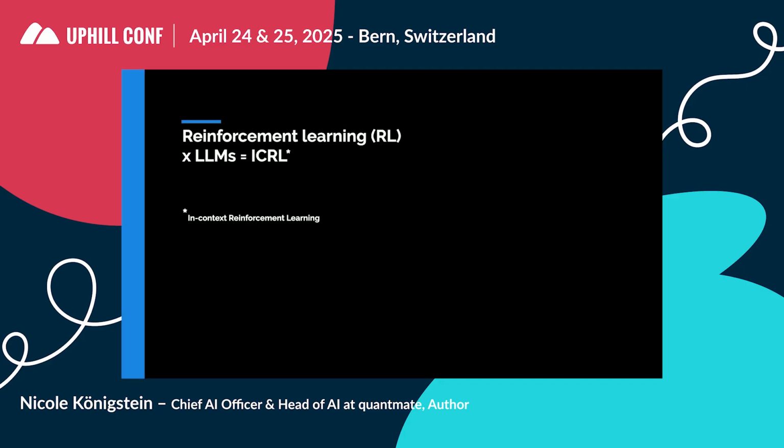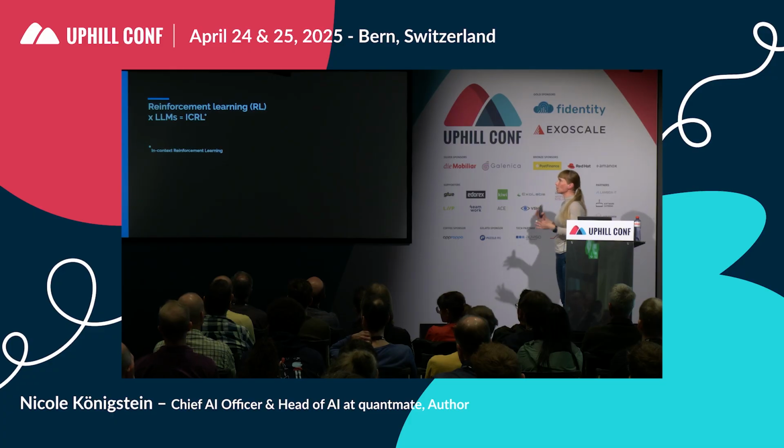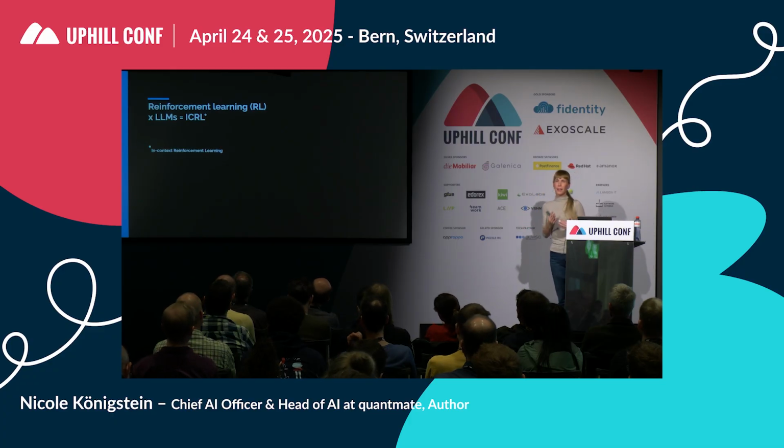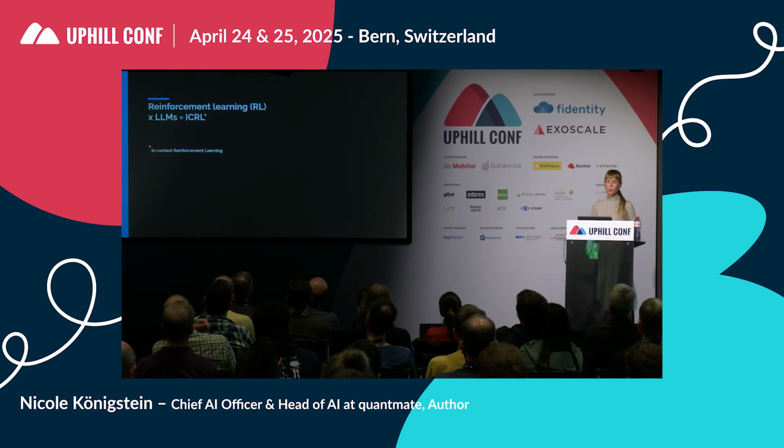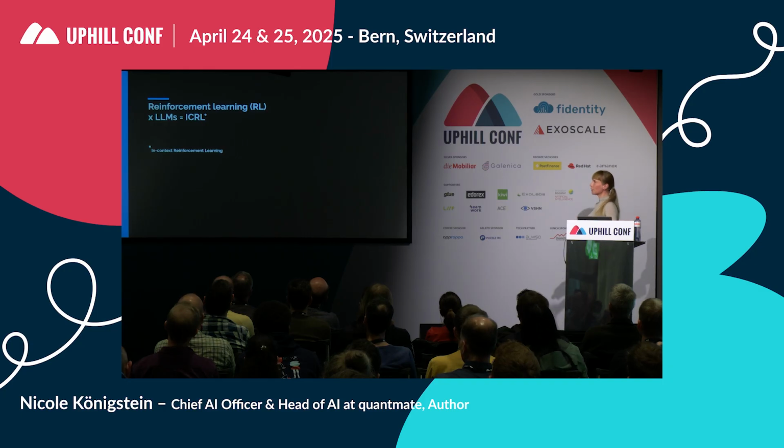Another thing that is really interesting right now, and I feel there's a shift, I feel like this is the year for the intersection between reinforcement learning and large language models. It's called in-context reinforcement learning.